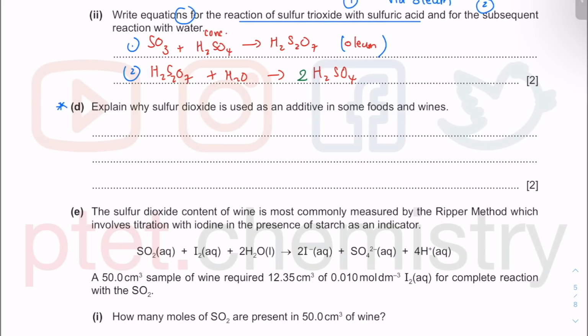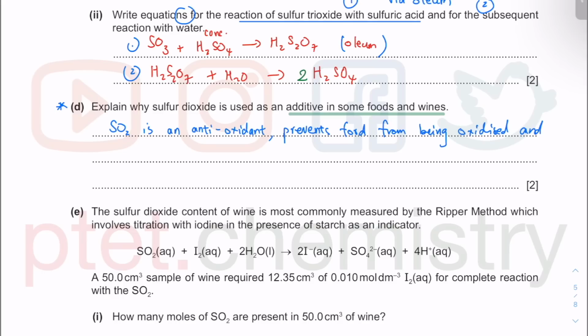So we use SO2 as an additive in some food and wines because it's an antioxidant. It prevents your food from being oxidized and going bad, rotting, due to the oxygen in the air.